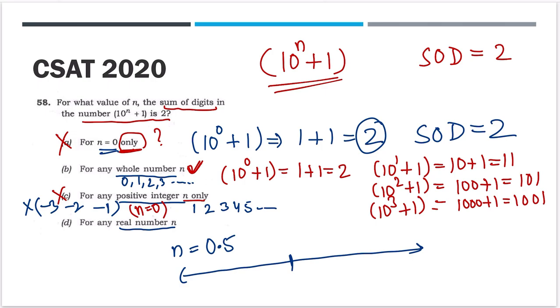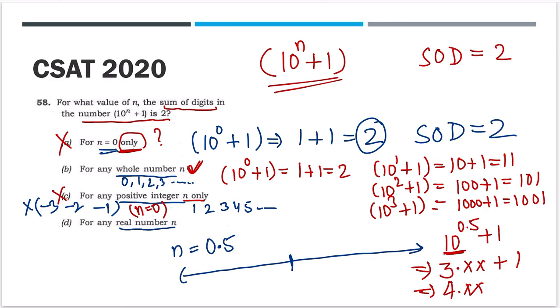Now let's check for real number 0.5. If I do 10 raised to power 0.5 plus 1, it is going to give me a value of the form 3 point something plus 1. So the value will be 4 point something. So it is giving me an answer in decimal form, right?